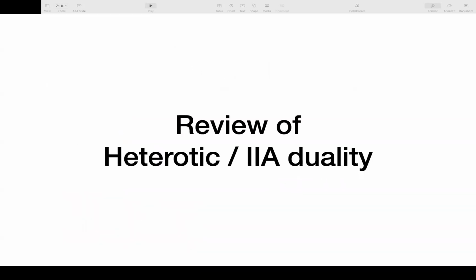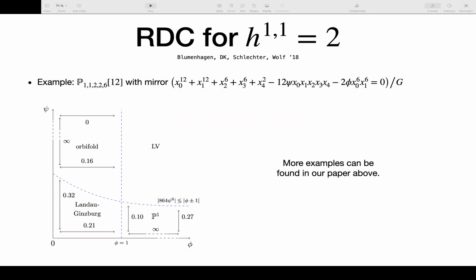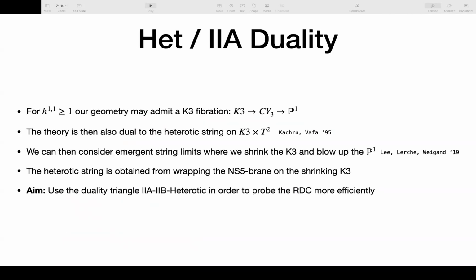Now I want to switch gears a bit and reinterpret the last result here, this picture, in terms of heterotic 2A duality, and then generalize from this. So to review this, for H11 bigger than 1, sorry, this should be a strict inequality here, our geometry may admit a K3 fibration.